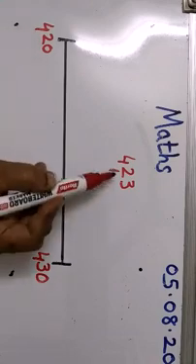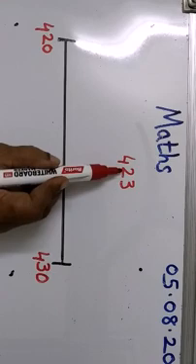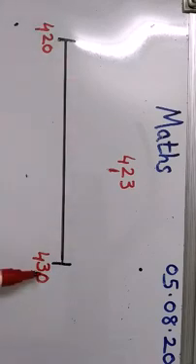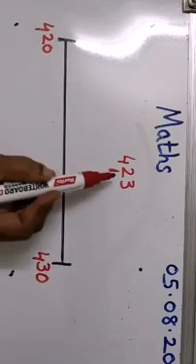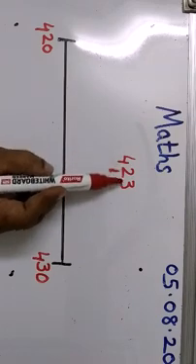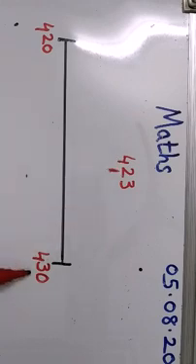Look at the tens place. So that is 42 tens, so it is 420. When I want a number at the higher end, I add 1 here, and this becomes 43 tens or 430.